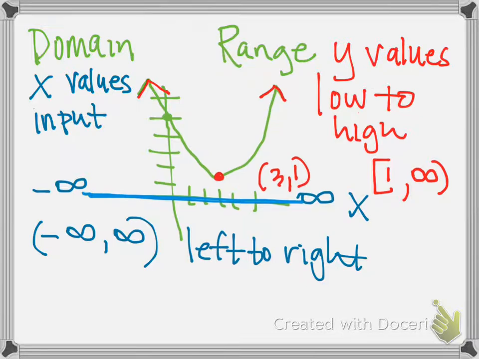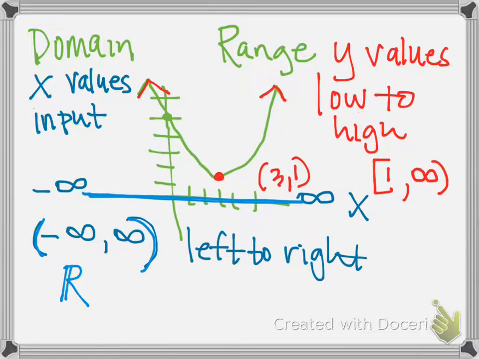Anytime you're asked about the domain of quadratic graphs, you can put in any x value, so you can put in all real numbers. This is the way that you can show this in interval notation: negative infinity to infinity, and that means all the numbers between negative infinity and infinity.